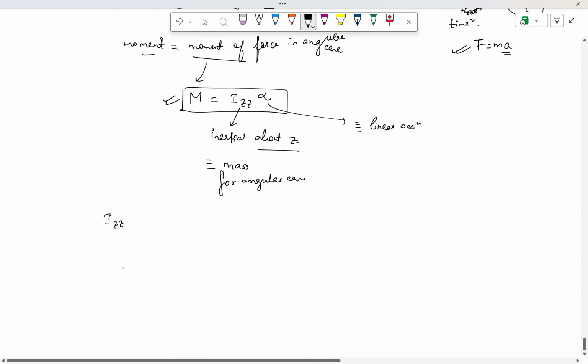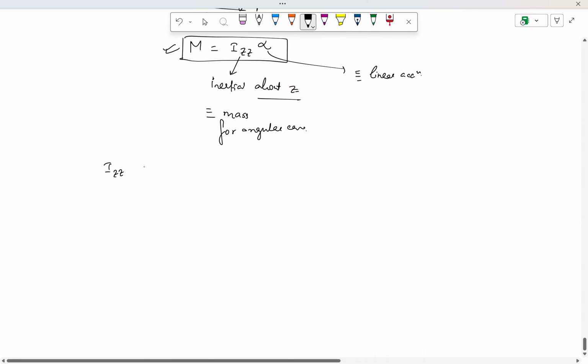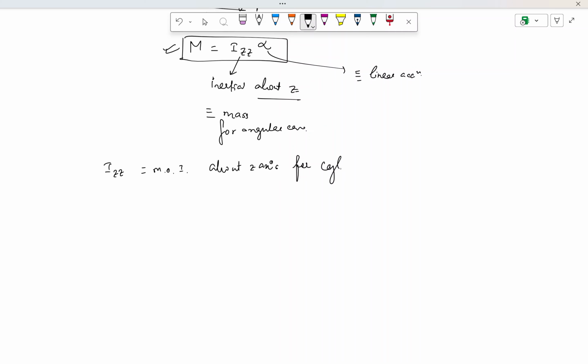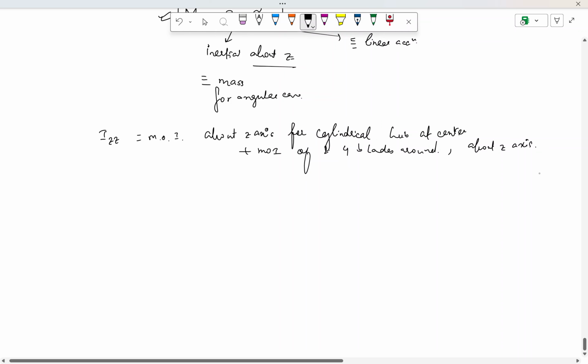One is the moment of inertia about Z for the cylindrical hub at center, and the other is the moment of inertia from the four blades about the Z axis. So Izz equal to the moment of inertia about the Z axis for the cylindrical hub at center, plus the moment of inertia of the four blades about the Z axis.